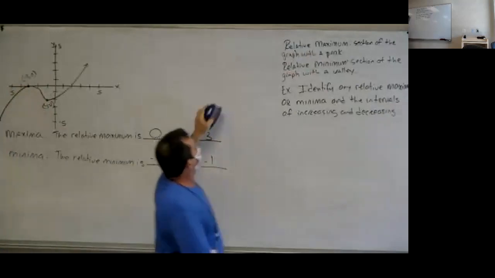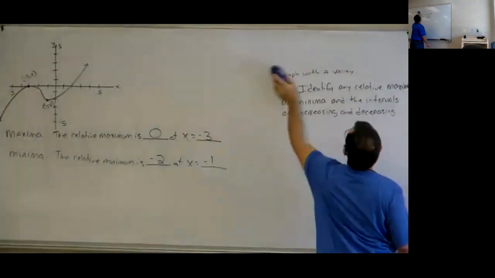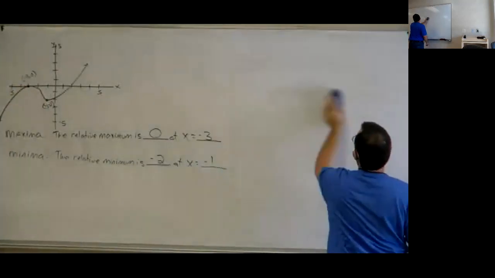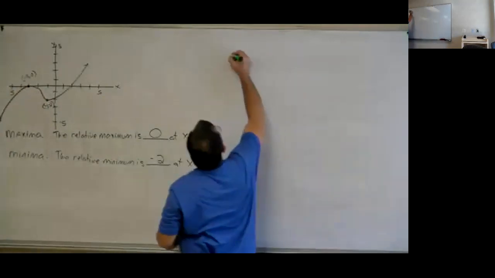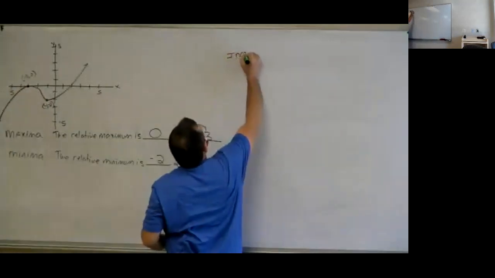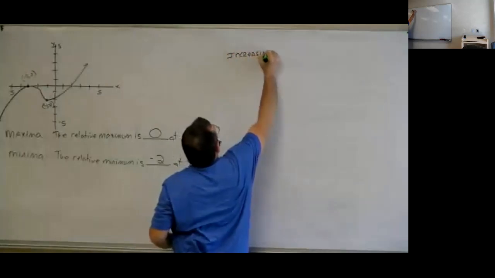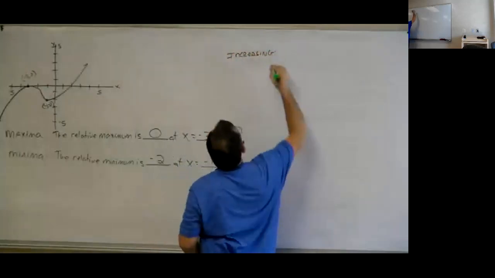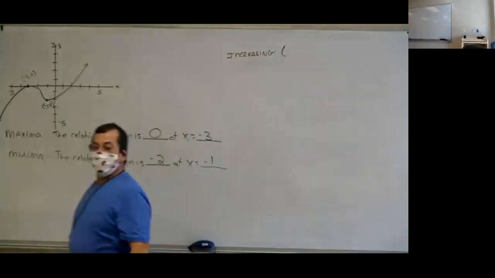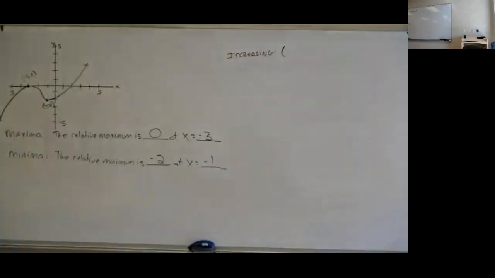So here's the question. I need to find the increasing and decreasing. Let me start with my increasing. I know that's going to be in parentheses. I got 2 places where I'm increasing, left and right.